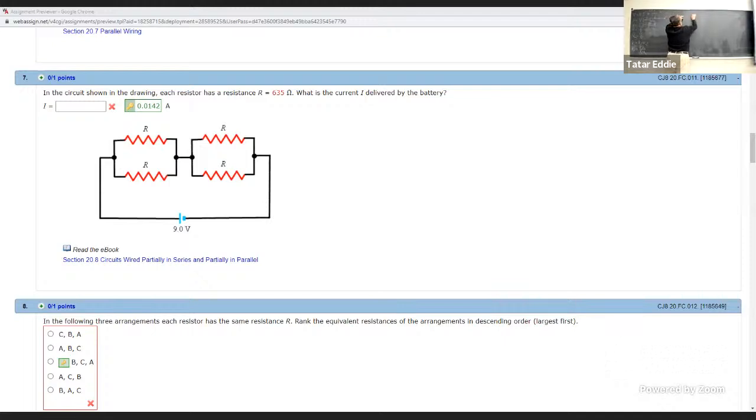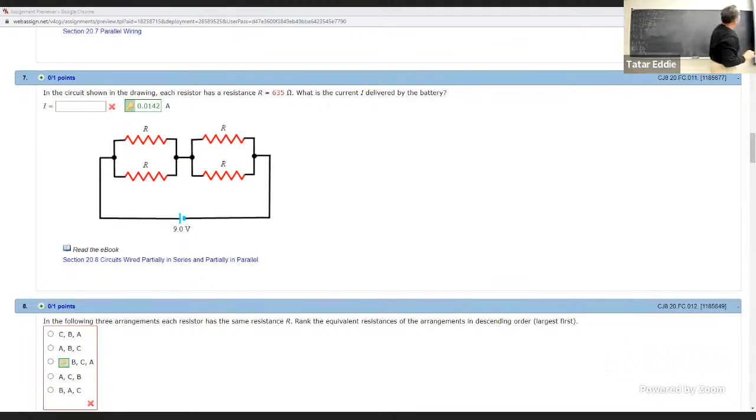So only those 2 are connected in parallel, and only those 2 are also connected in parallel. So now this means that I can substitute those 2 with a single resistor.